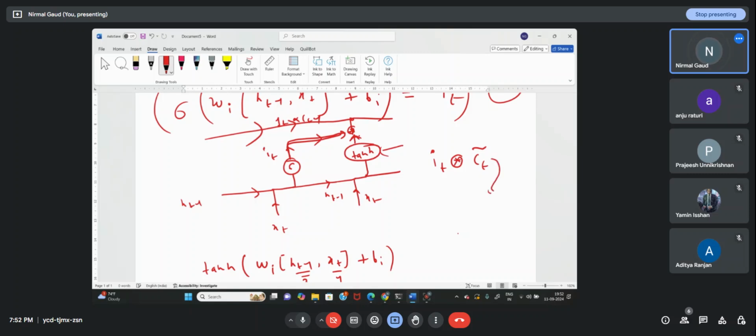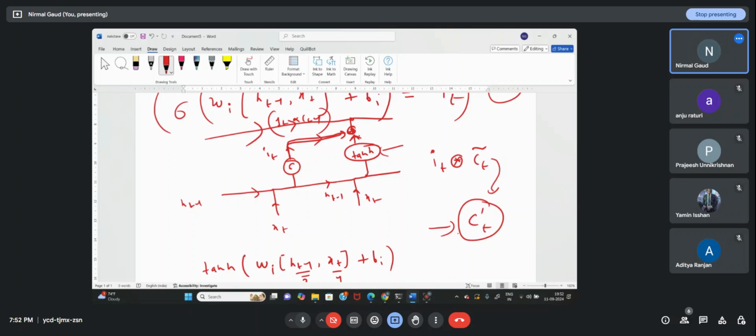This will be the answer which I am going to get, let us suppose C dash t. This is the answer I will get after performing pointwise multiplication. But that is not the final answer. That is not the final cell state I am getting. I need to add this also to this. Then only I will get the final answer.